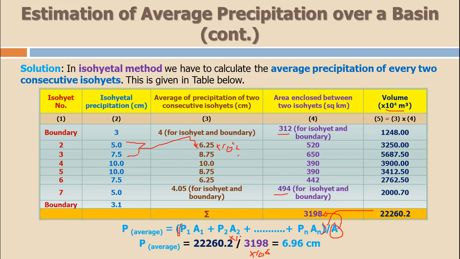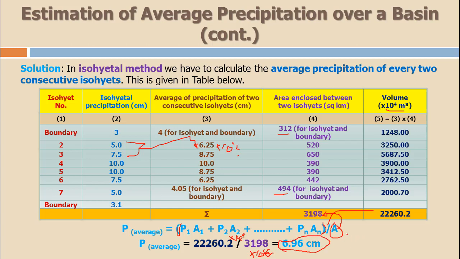So 10 raised to the power 4 will cancel this 6 and remain 2. So when you divide this value with this, you will get 6.96 divided by 10 raised to the power 2, which in multiplication becomes 6.96 into 10 raised to the power minus 2 meter, and 10 raised to the power minus 2 meter means centimeter. So the final answer is 6.96 centimeter.